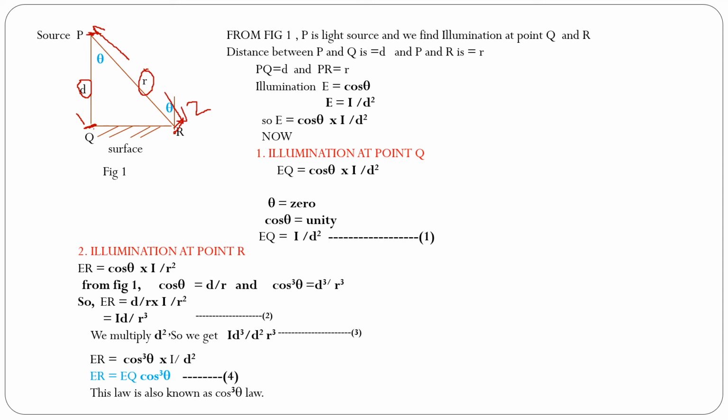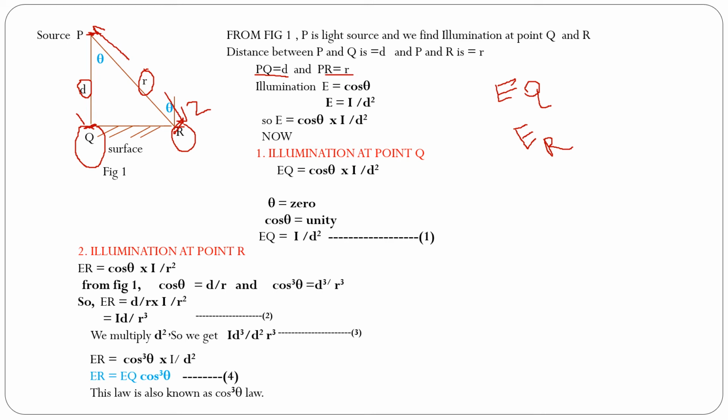Now we find the illumination at points Q and R. So it is called EQ and ER. Now, stated that PQ is D, and the distance PR is r.